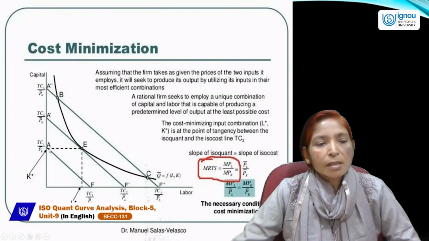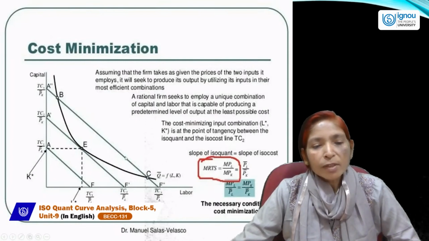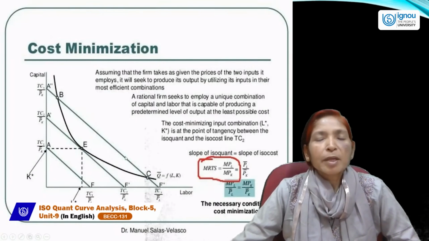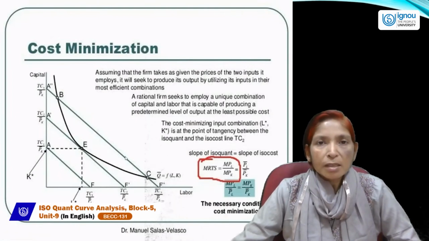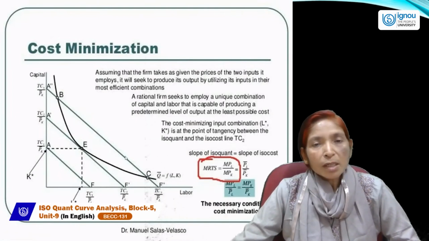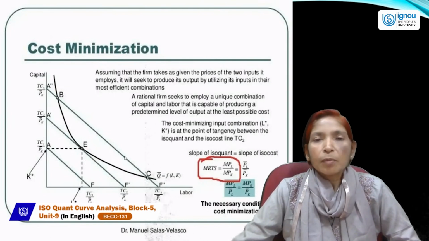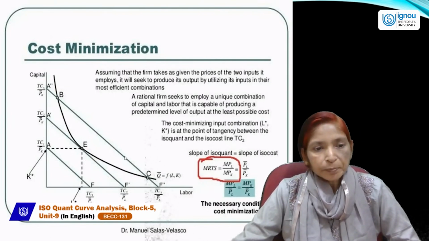One is this TC1 upon PX, this PX or PK upon PL, and another line. This is the actual isocost line, and a rightward shifted isocost line represents that the producer's budget income has increased. Due to the increase in budget income, the producer can buy both inputs in more quantity.